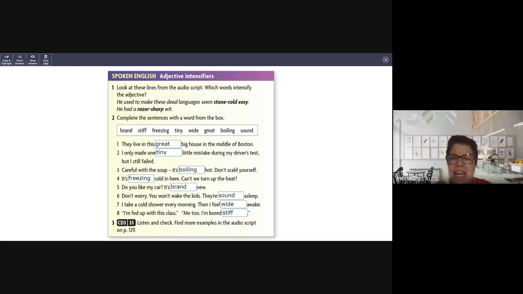You can move to one side, but you can't move to the other side. So it hurts a lot. So stiff, it's kind of hard actually. Stiff has to do with hard muscle.